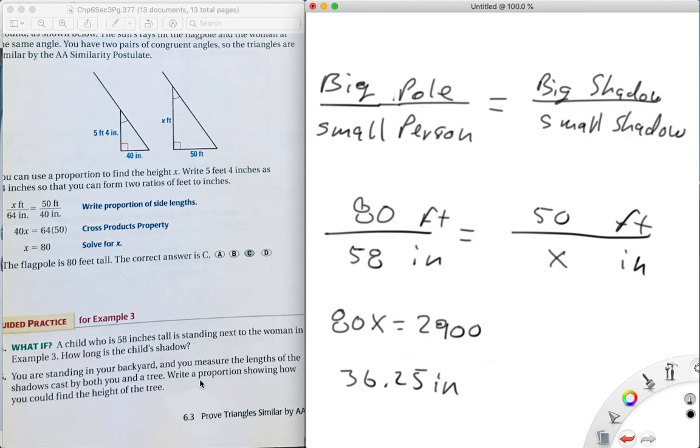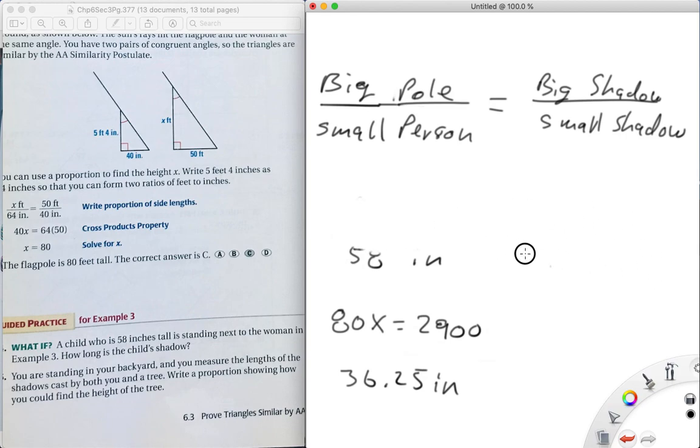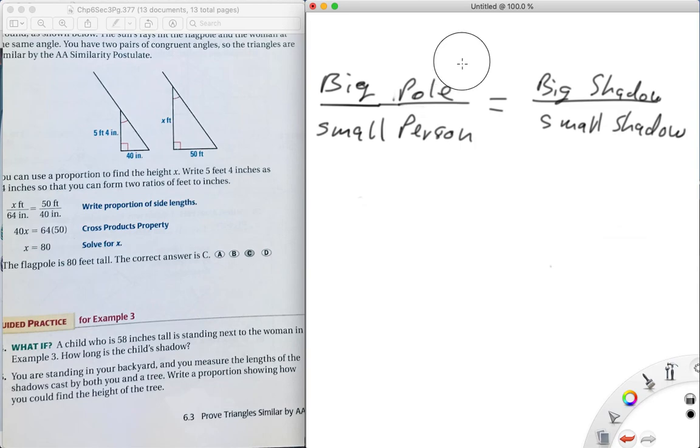So much so that I'm going to keep this part up there. So instead of saying the height of the pole, I'm just going to say the tree. And then the height of the small person, and then big shadow, small shadow.